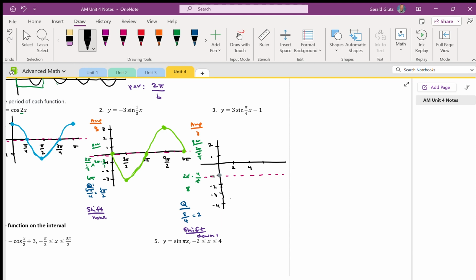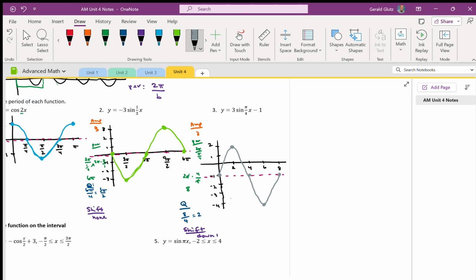Our quarter sections are 2, so I'm going up by 2 every time until we get to our full period. So as I move right 2, I have to go up 3. As I move right 2, this time I go down 3. Down 3 again. And then back up to the midline. So the graph of sine for this one would look something like this.